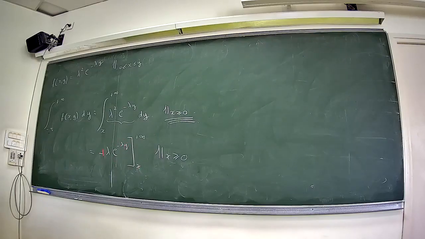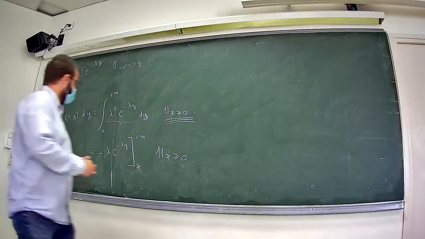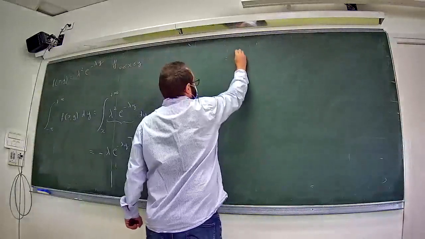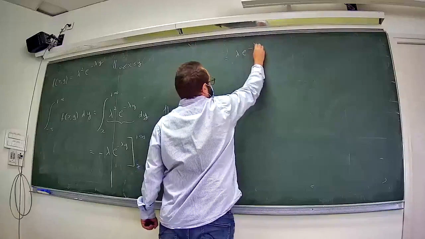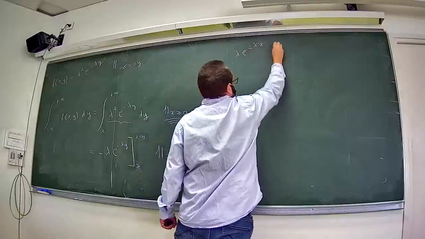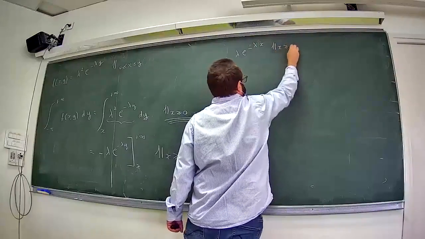What is the limit of this one at plus infinity? 0, because I have a negative exponential with lambda strictly positive, as written in the slide. So at plus infinity this term goes to 0, and it remains the other one, that is just lambda exponential minus lambda x, indicator function of x positive.